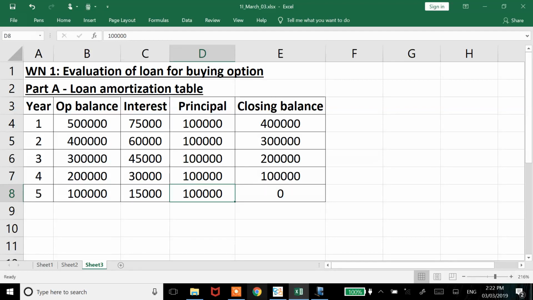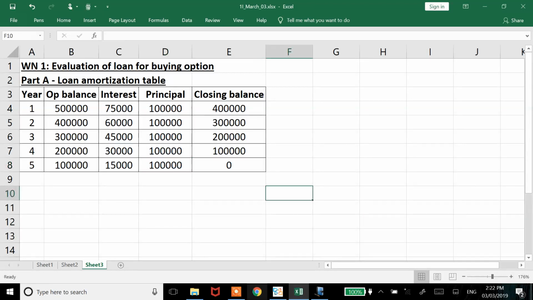You repay interest of so much and closing becomes 0. Any doubts on the loan amortization table?